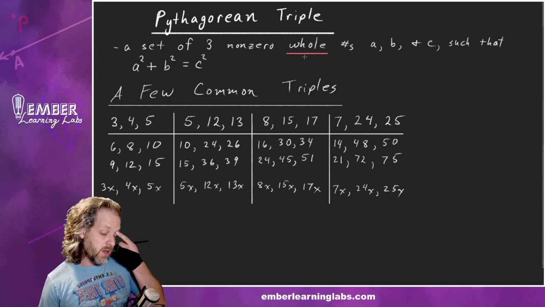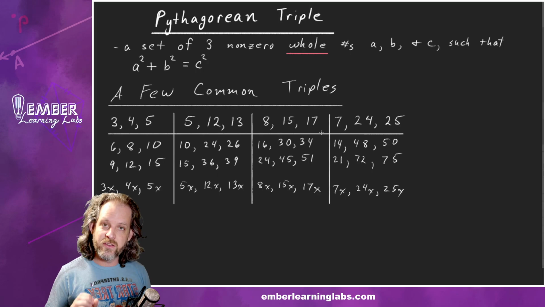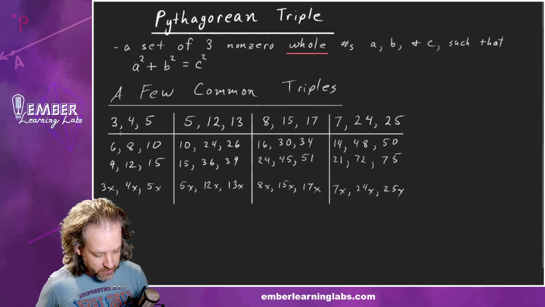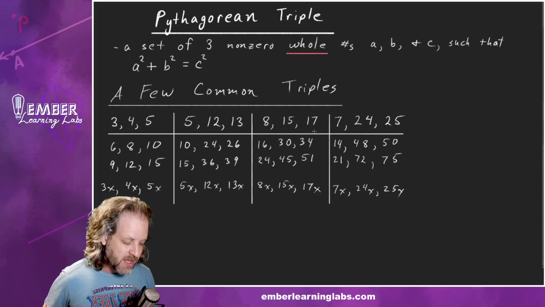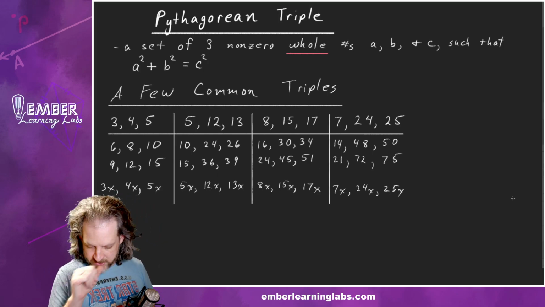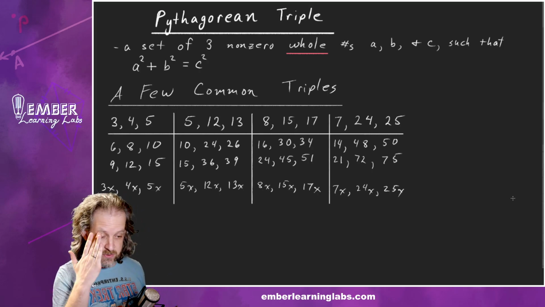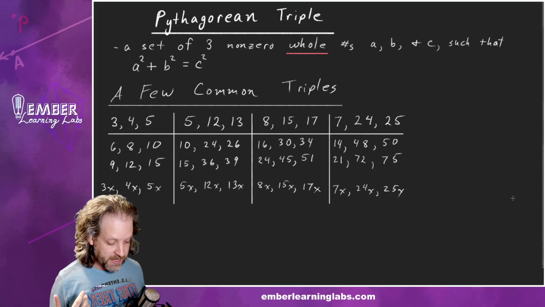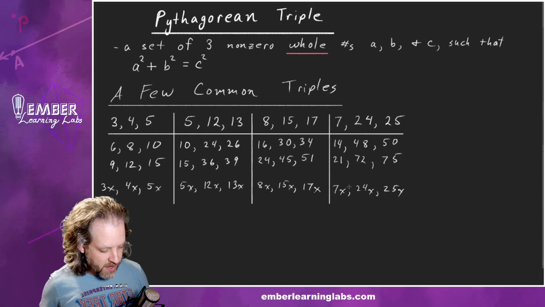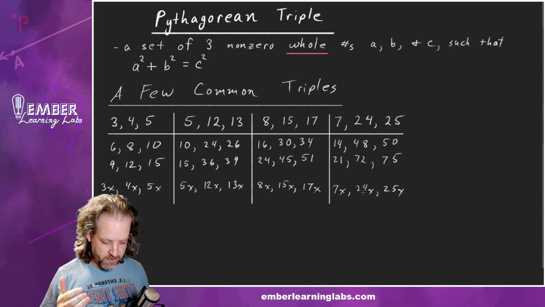All three numbers are whole numbers, so there are no decimals. A lot of times when we've used the Pythagorean theorem in the past, we get a decimal equivalent, or a reduced radical or something along those lines. But a Pythagorean triple is where A, B, and C are all whole numbers.